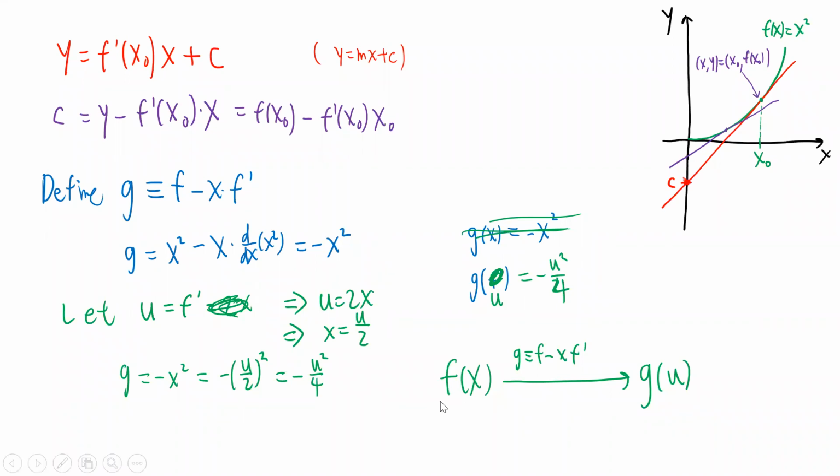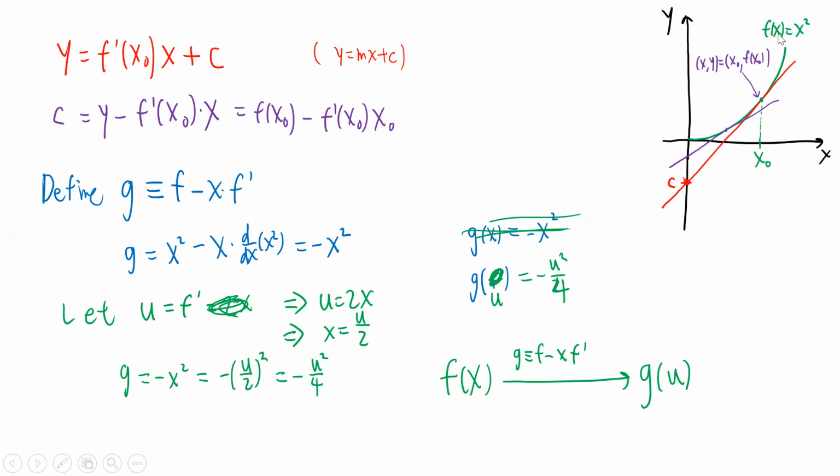If I tell you the function, the most direct way is that I give you the expression of f of x. For any value of x, I give you the value of f of x. Then you can directly draw the function out. However, this time I don't tell you the form of the original function.